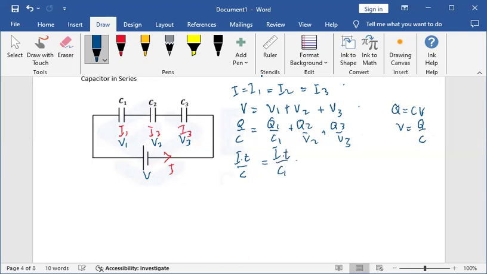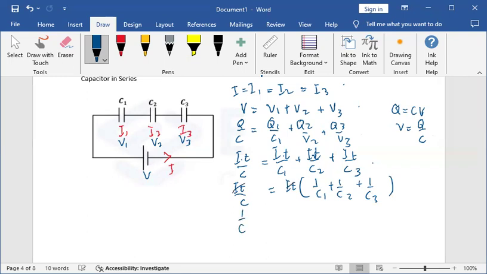So it is I times T over C1, I times T over C2, I times T over C3. You factorize IT: IT over C equals IT times (1 over C1 plus 1 over C2 plus 1 over C3).